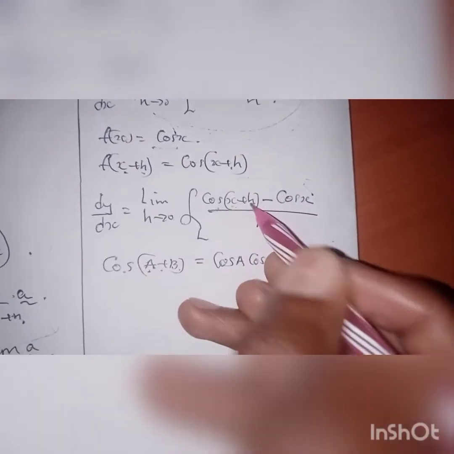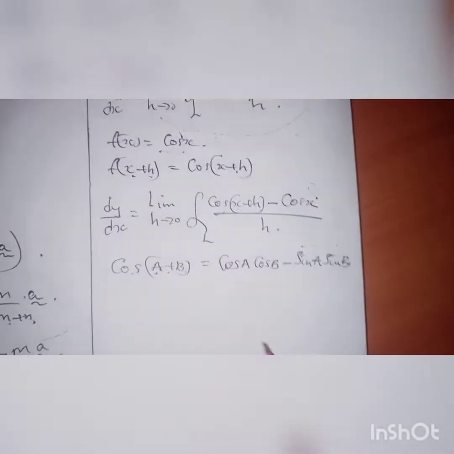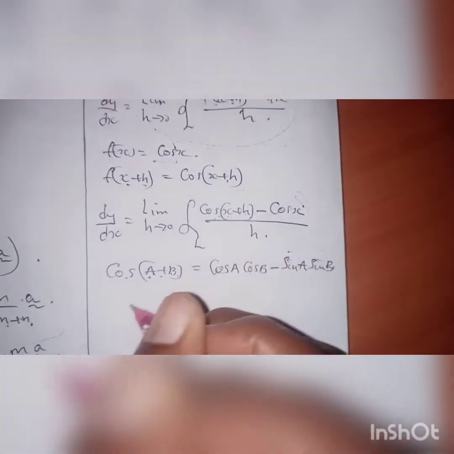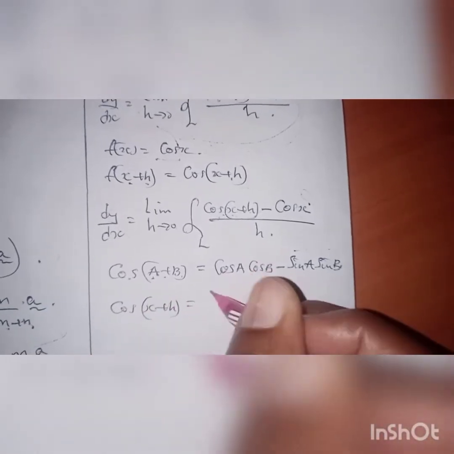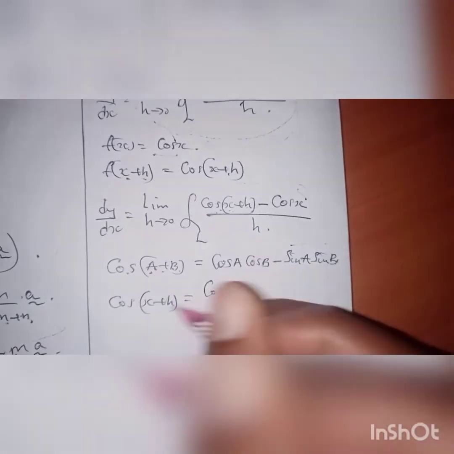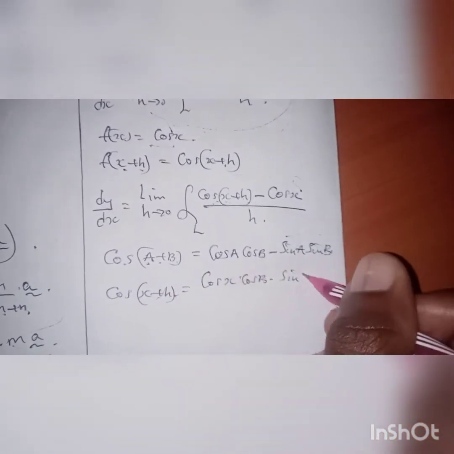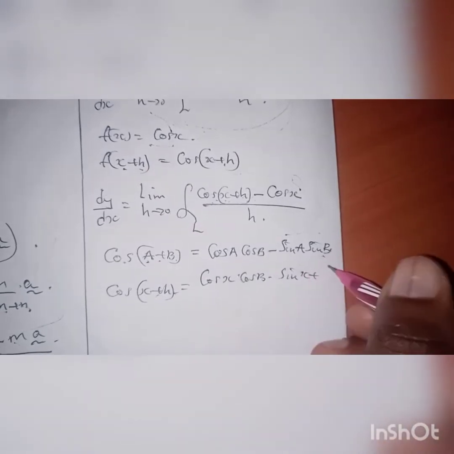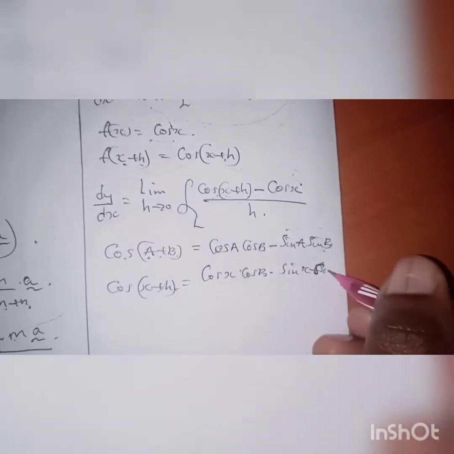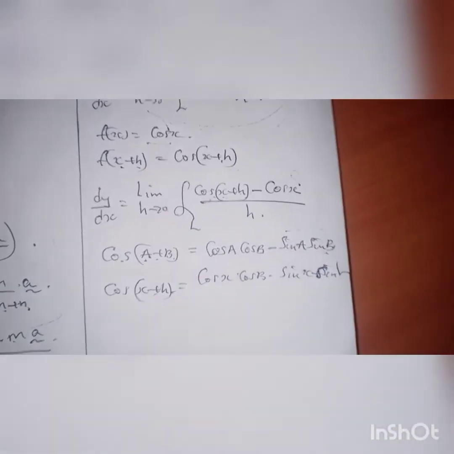Suppose x and h are a and b respectively, then cos of (x plus h) is cos a cos b minus sine a sine b, which is cos x cos h minus sin x sin h.